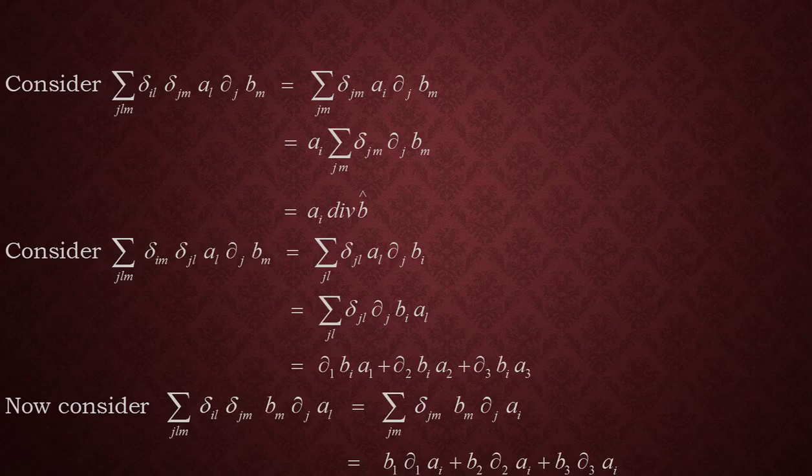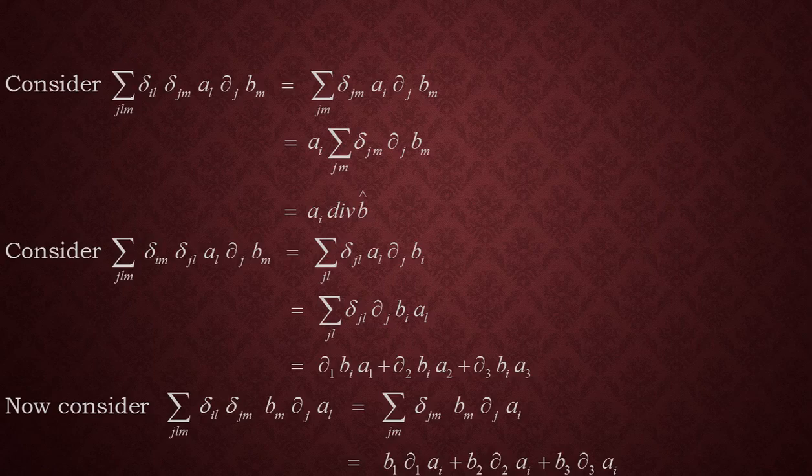al dou j bi. Now we have to expand this summation by taking j equals 1, 2 and 3 and l equals 1, 2 and 3, because delta 11, delta 22 and delta 33 equal 1 and all the remaining Kronecker delta values are 0.